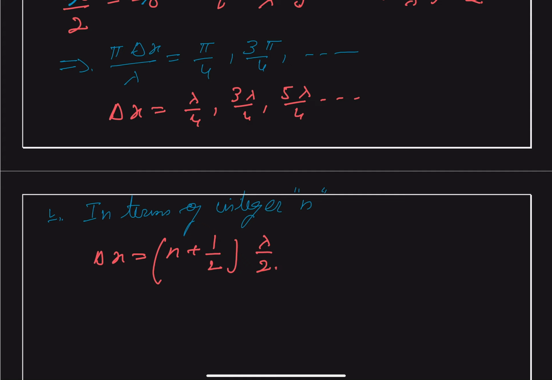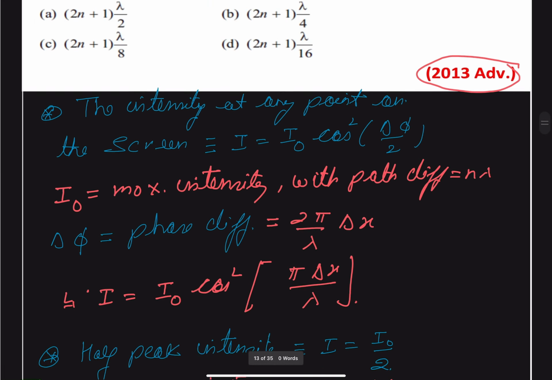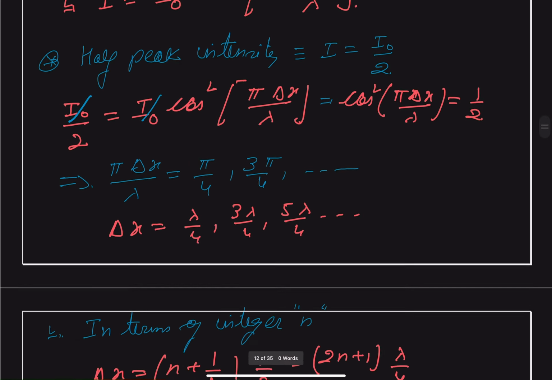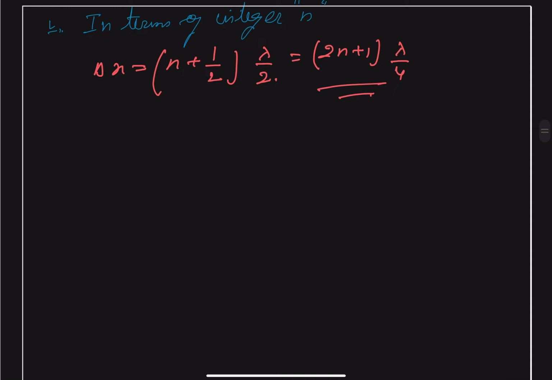And this can be further written as 2n plus 1, and we have this as lambda by 4. So the option number B is the correct option. Option B is correct.